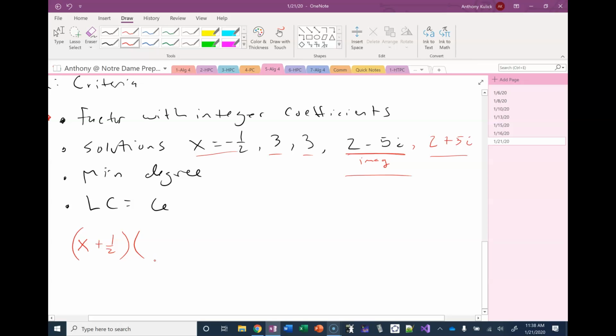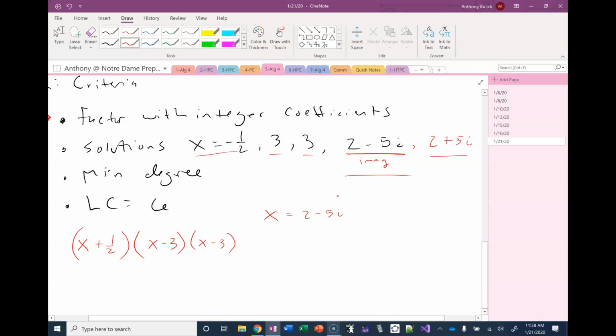What factor does x equals 3 turn into? It's x minus 3. Right now all I'm doing is skipping some work, right? Everybody's okay with that? Okay. And then we have another x equals 3, so I'll have another x minus 3. Now this step I'm going to write out a little bit just so it's easier to see what I'm going to do here.